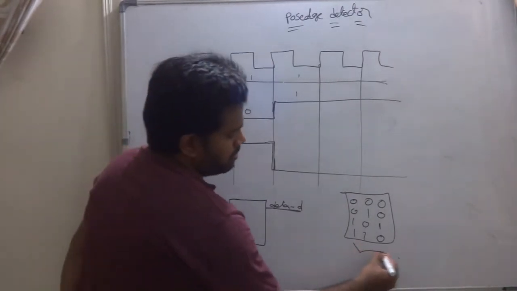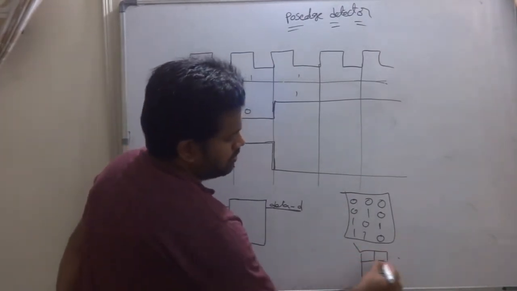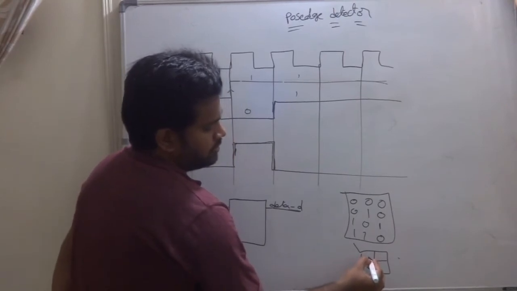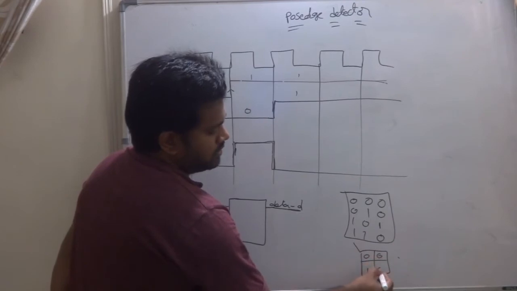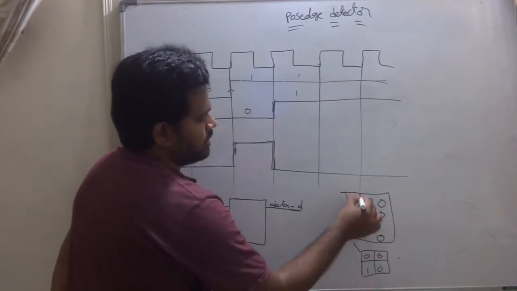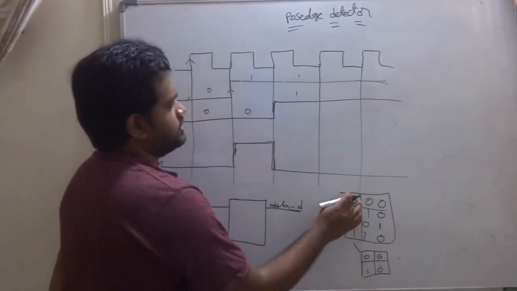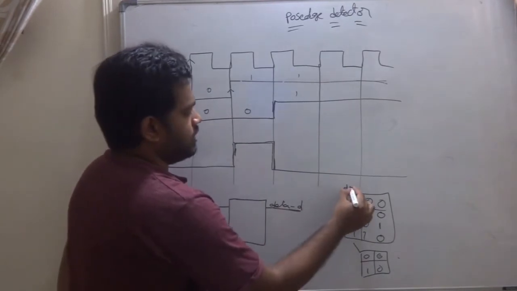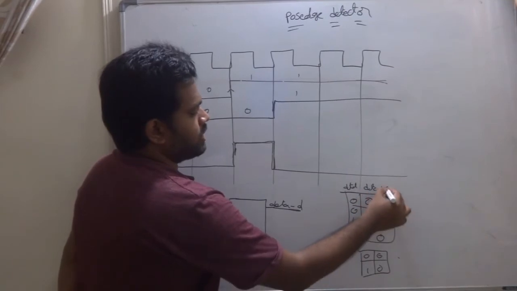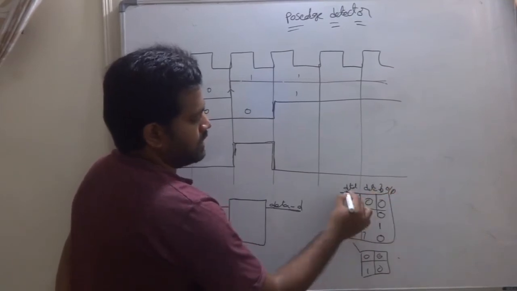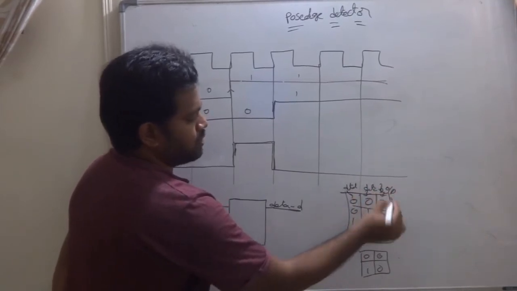If you do the K-map, what will you get? 0, 0, 1, 0. Here, this is data, this is data underscore B, and this is the output, right?